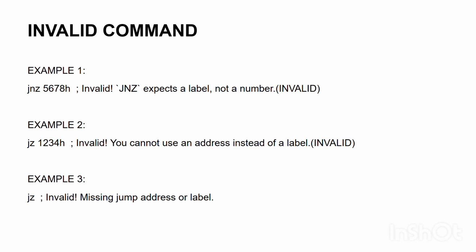It expects a label. After JNZ, we have to give only a label and not a number or an address or data. Similarly, example 2, 1234, is invalid; you cannot use any address instead of the label. And example 3 is also invalid because the jump address or the label is missing, so this is an invalid command.